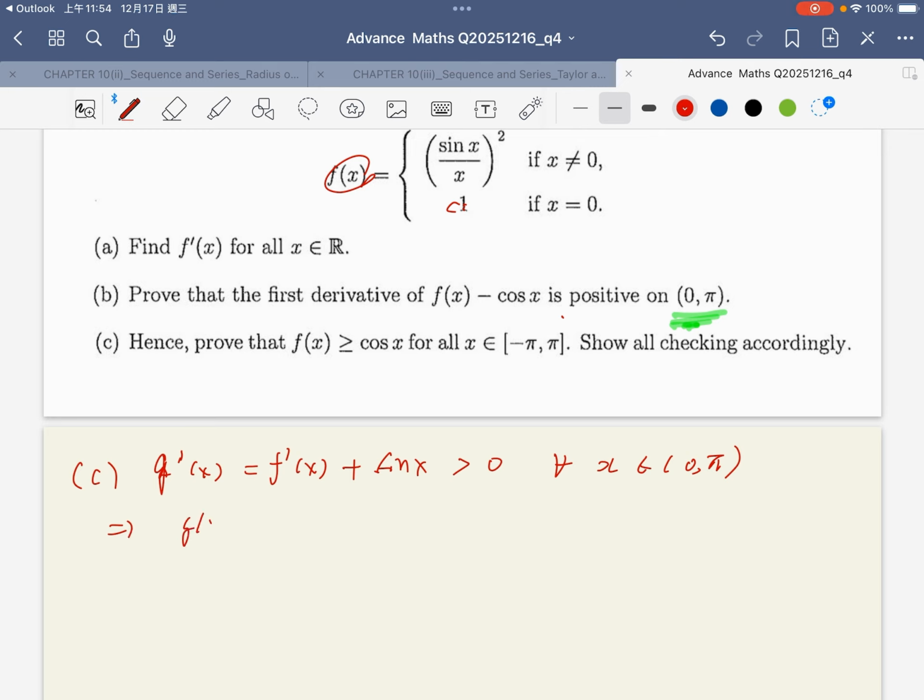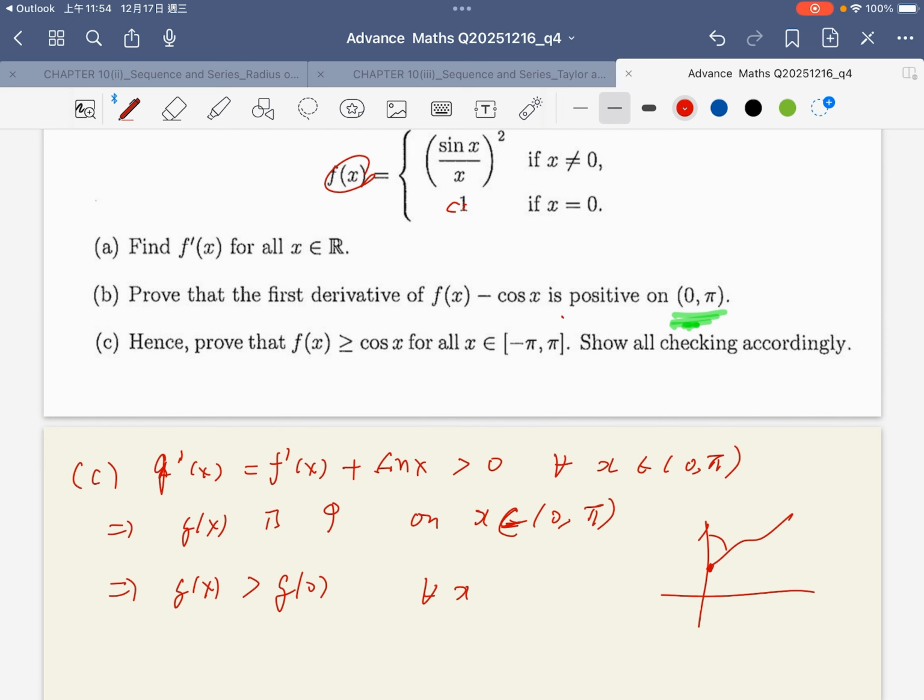That means g(x) is increasing on x belong to (0, pi). That means the least value of g(x) is g0. That means g(x) is greater than g0 for x belongs to (0, pi).